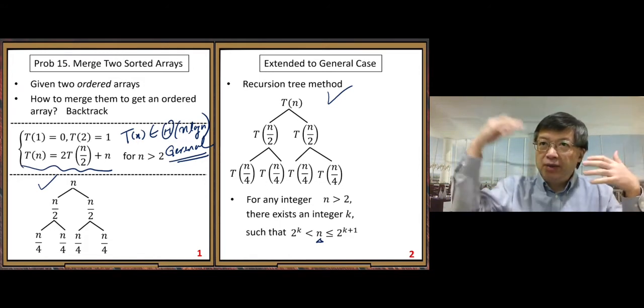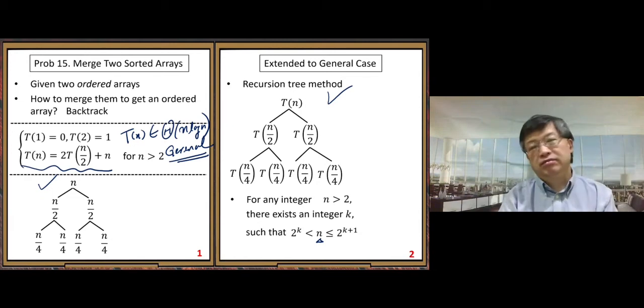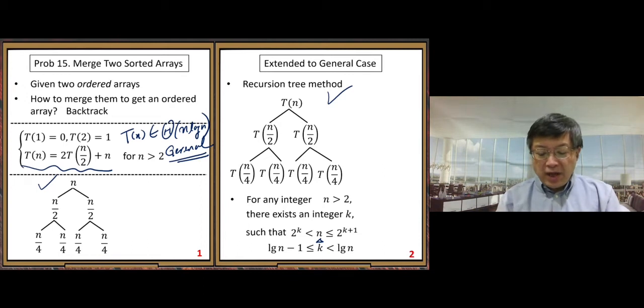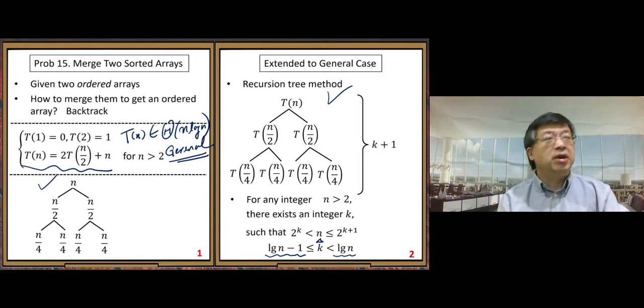Then we can estimate k to be between log n minus 1 and log n, where lg means log base 2. Then the number of levels in the recursion tree is k plus 1.